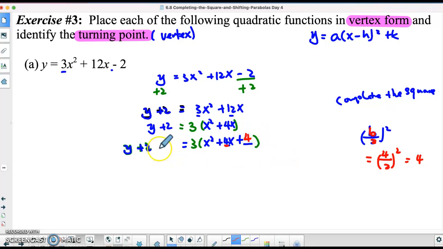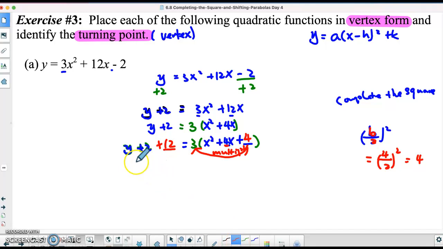My question is, I know I need to add something, but what do I add here? Definitely not 4. Just remember, you need to multiply 4 by 3, the leading coefficient. Because if you distribute it, you will realize you are not just adding 4, actually you are adding 12. To be fair, you actually need to add 12 here.